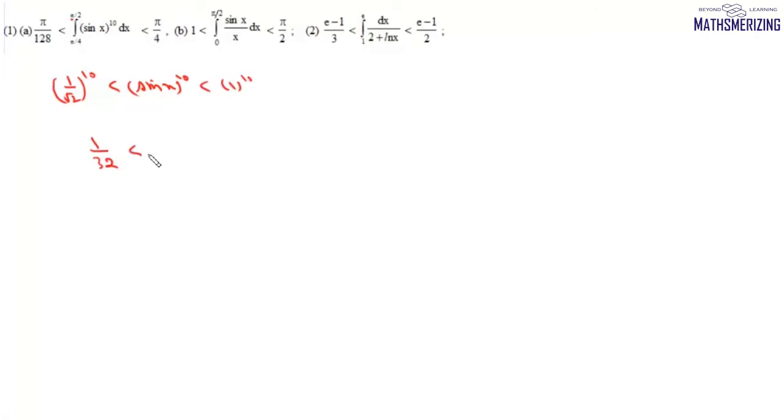So we can write 1 upon 32 is less than sin x to the power 10, and it will be less than 1. Now we'll integrate the three functions between pi by 4 and pi by 2.